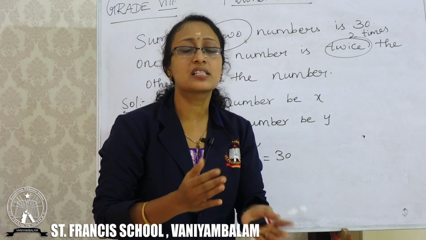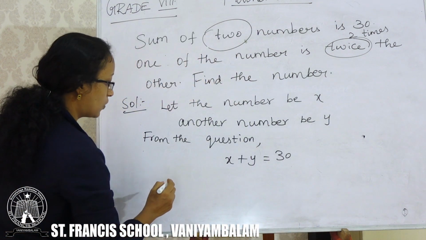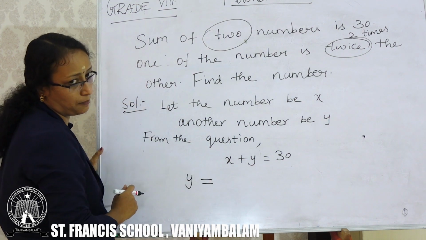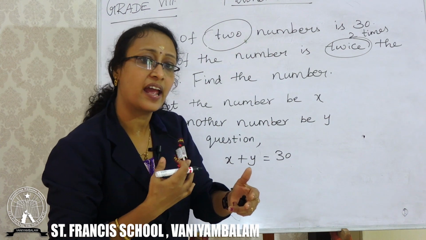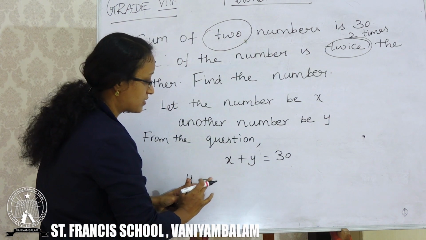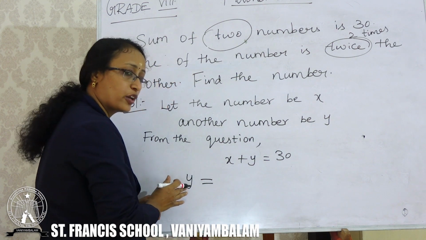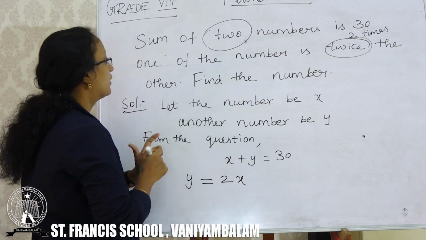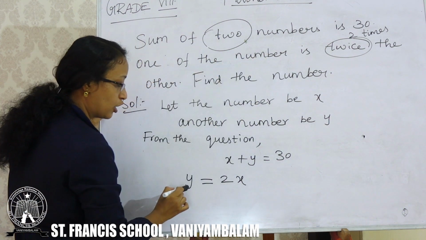You can take either x or y. If you take x, then x is equal to 2 times y, or if you take y, then it is 2x.